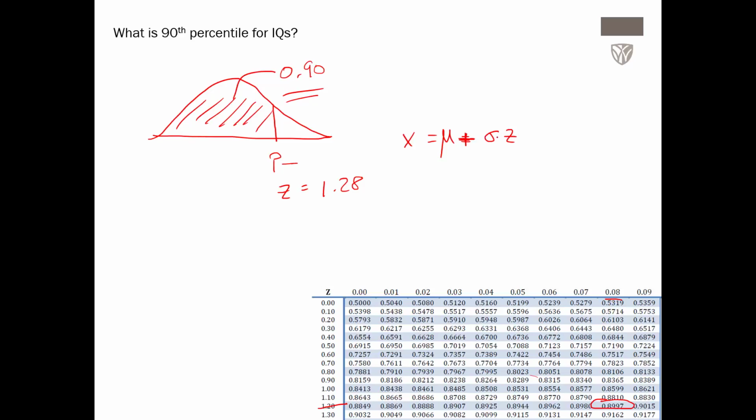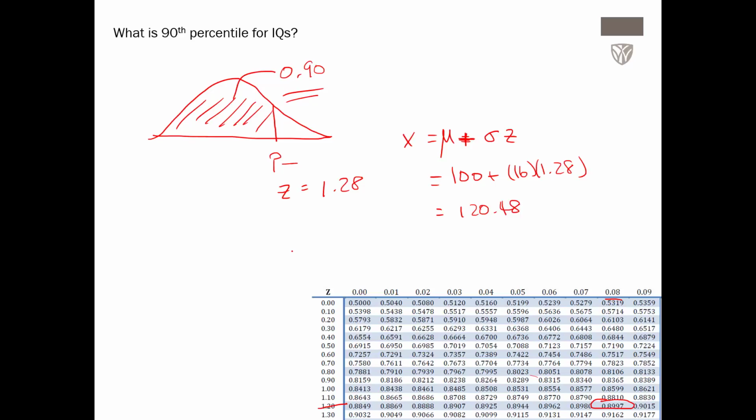If we just rearrange the formula for the z-score, we can see that our x value would actually be equal to the mean, which is 100, plus the standard deviation, which was 16, times that z-score, which was 1.28, and we come up with a value of 120.48. So the 90th percentile for IQs in this case is 120.48. So just another way of using these normal probabilities to help us get some information about our data.